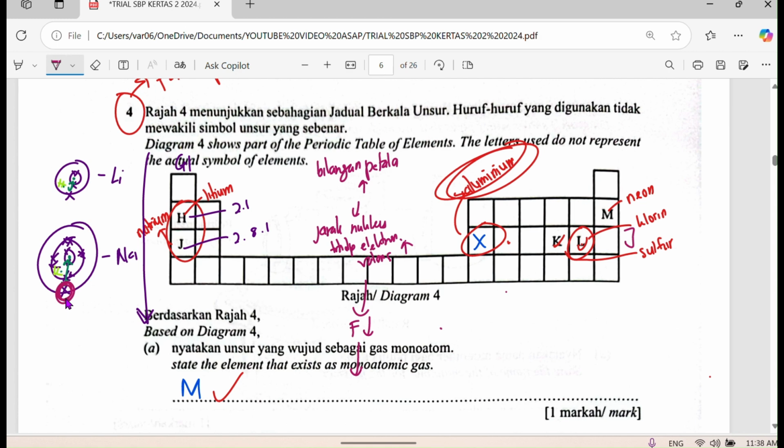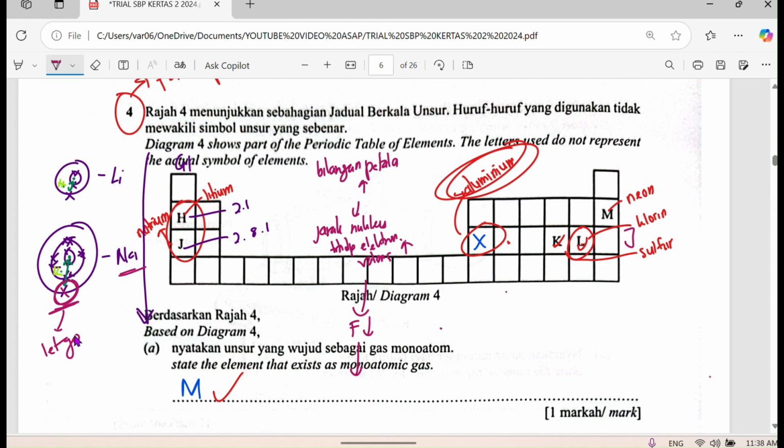Sebab daya tarikan dia semakin lemah, so it is difficult for the atom to hold this valence electron.